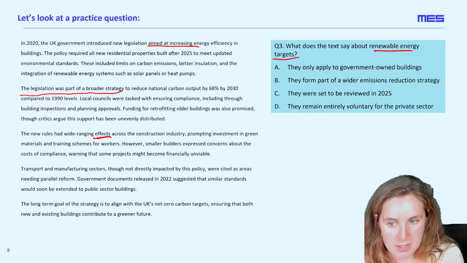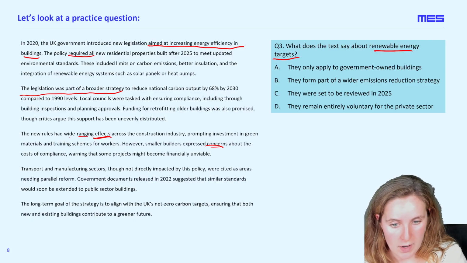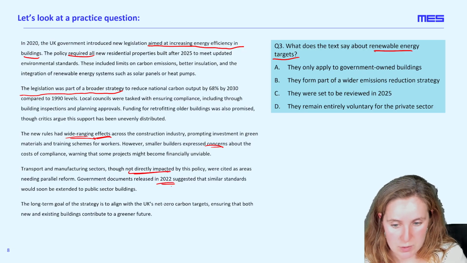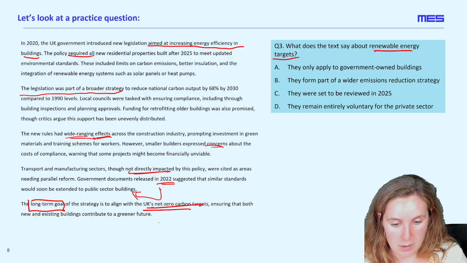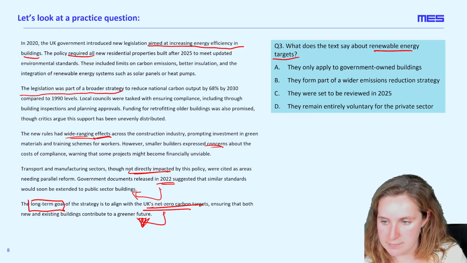If we go back, actually, I'm just noticing aimed at doing this and what it requires. Okay. We know that people expressed concerns and that it had wide-ranging effects. We know that not everyone was directly impacted. We know that it seems 2 years later things would be extended, and that the long-term goal is to align with the net zero carbon targets and with the goal eventually of getting to a greener future.